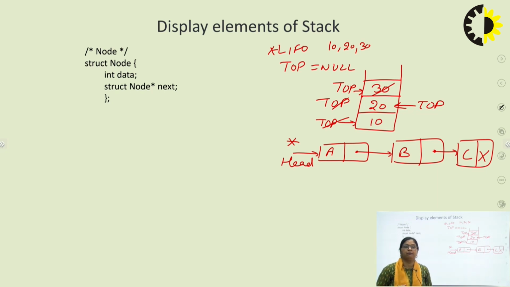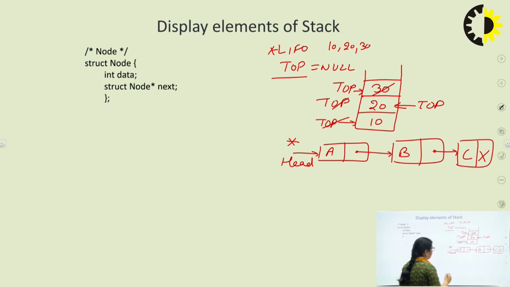Now we have a stack. How to implement the stack? For a stack, we have to implement last in, first out. So for that, I just talked about what we maintain: the top pointer. What does it mean? It means I have some stack which has data 10, 20, 30.